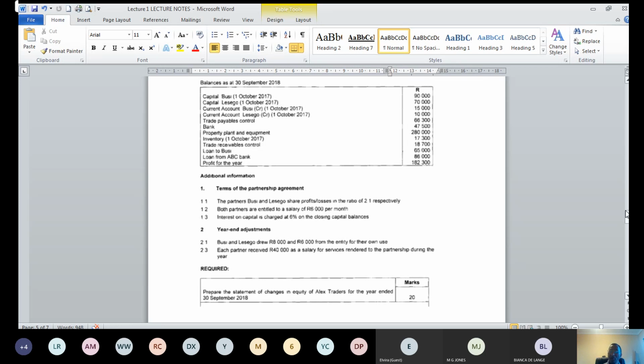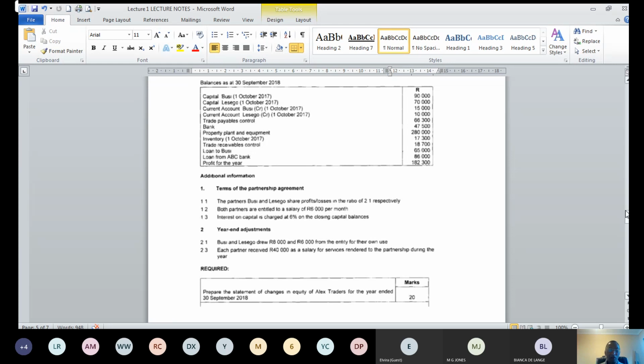Remember now, salaries were paid out during the year. They received that money. So if we've paid out the salaries, we don't call it salaries, it is recorded as drawings.